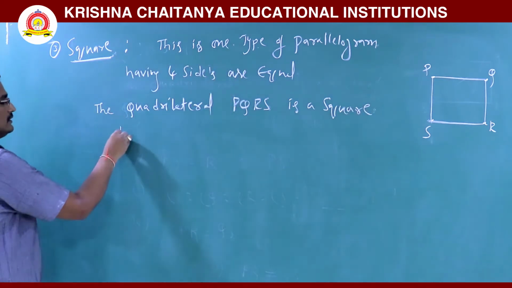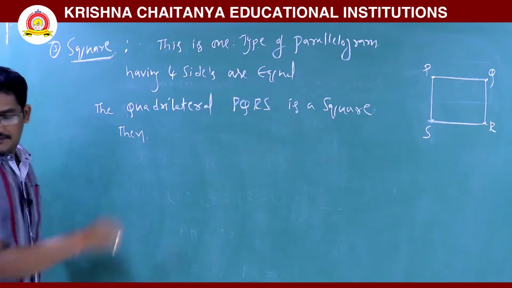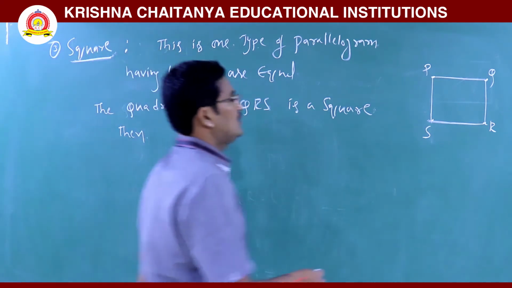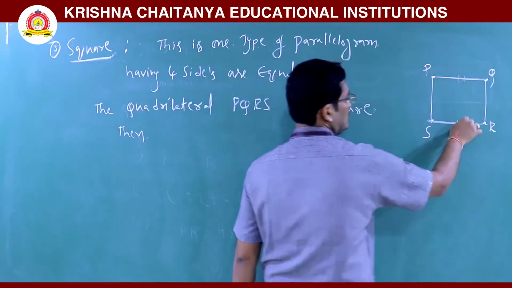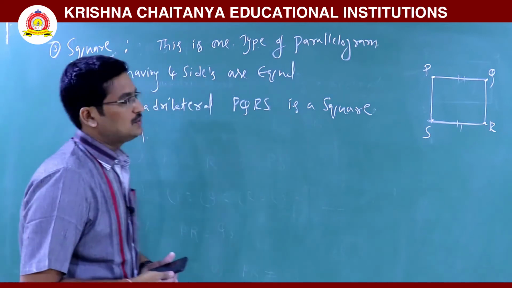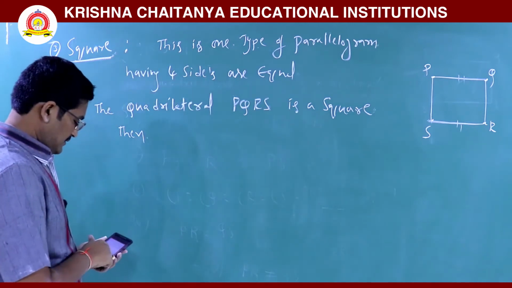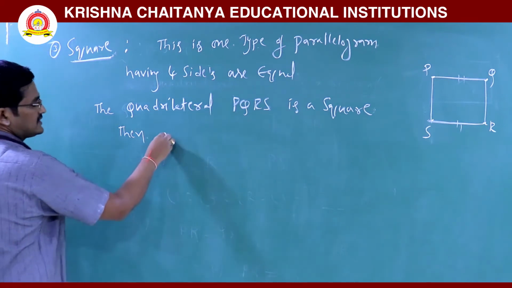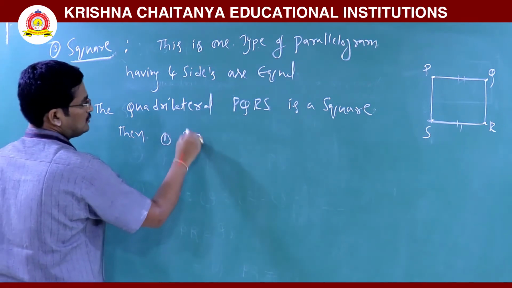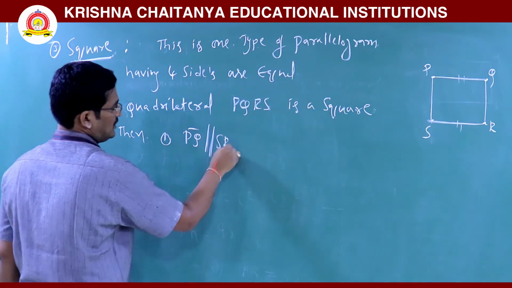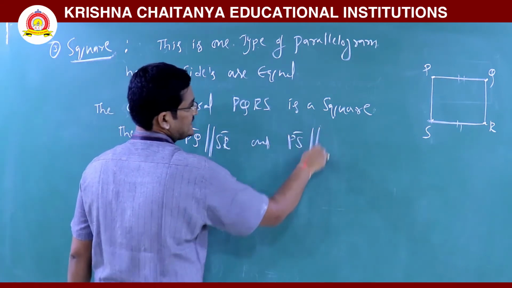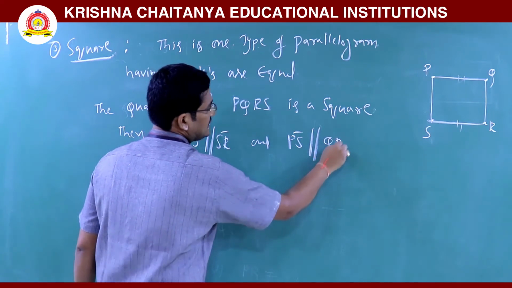Then in the quadrilateral PQRS, these two should be parallel. The first condition is PQ bar is parallel to SR bar and PS bar is parallel to QR bar. This is the first condition.